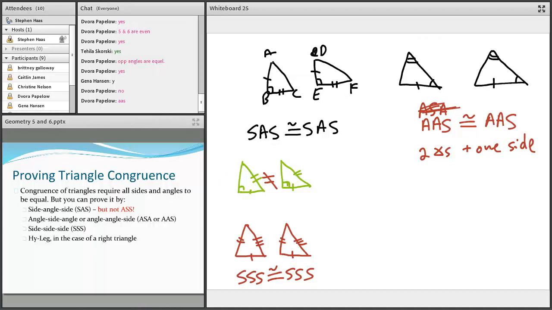And the fourth possibility is specific to a right triangle only.